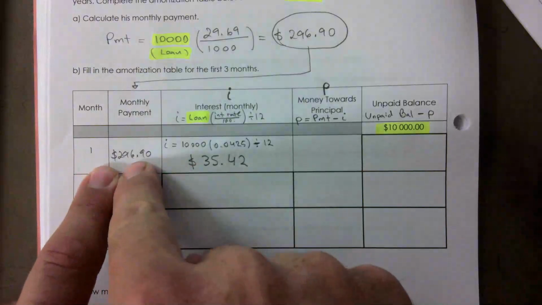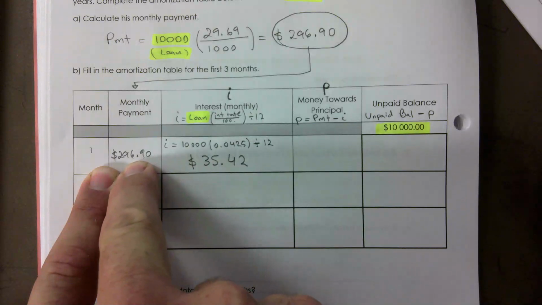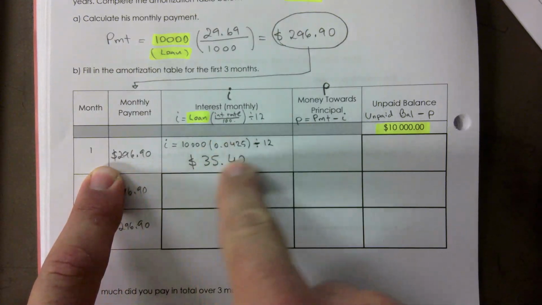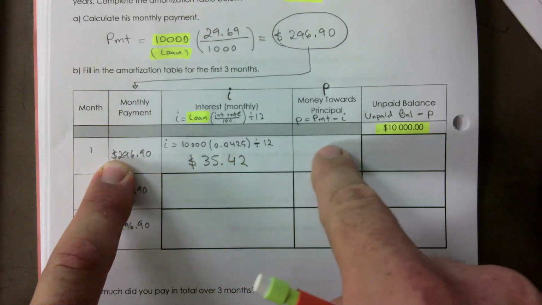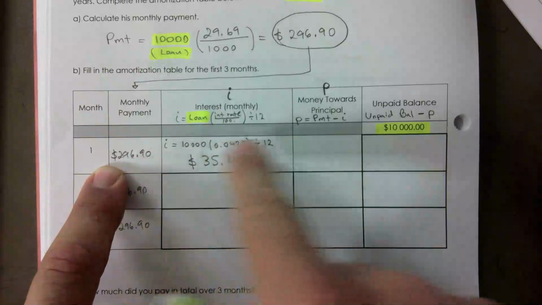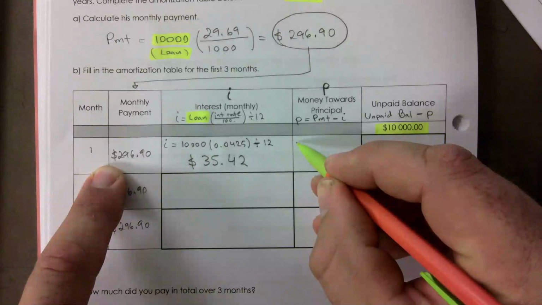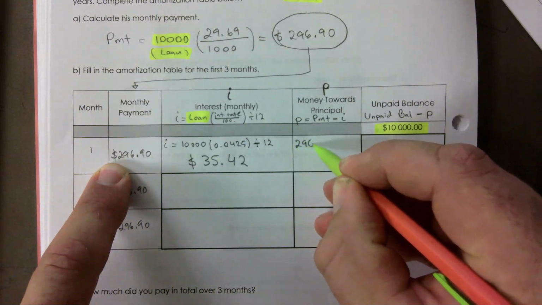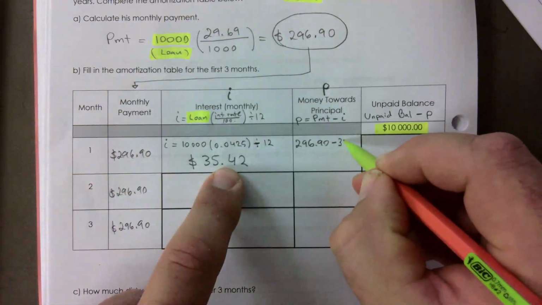Out of this payment, folks, they're going to take $35.42 the first month, and then obviously there's some principal left over. There's some money left over. That's going to bring this number down. So we're going to go the payment, $296.90 minus the $35.42.